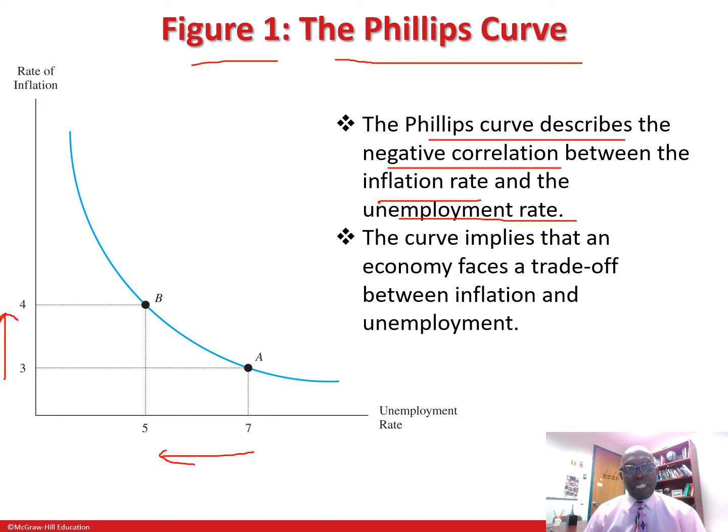So this negative relationship between the unemployment rate and the inflation rate is known as the Phillips curve. Therefore, the Phillips curve implies that the economy faces a trade-off between inflation and unemployment.